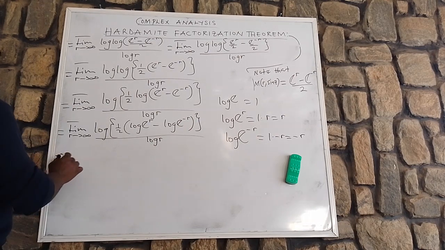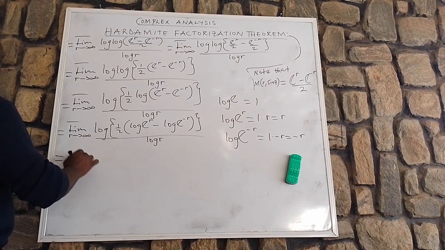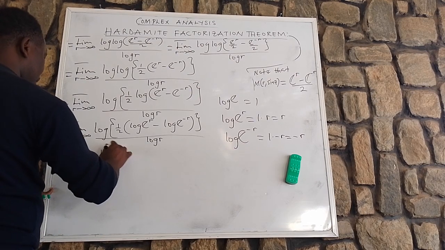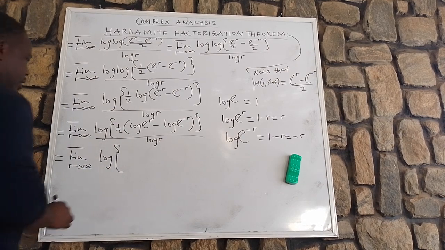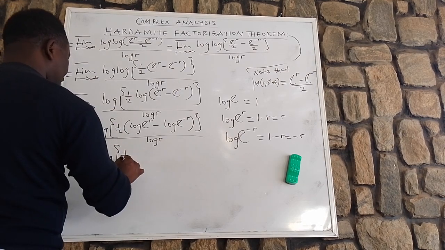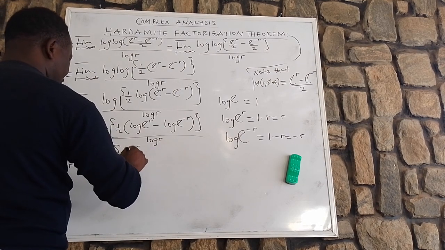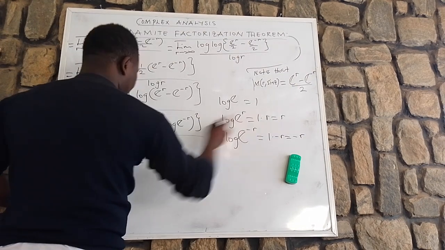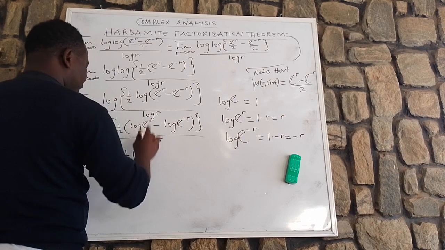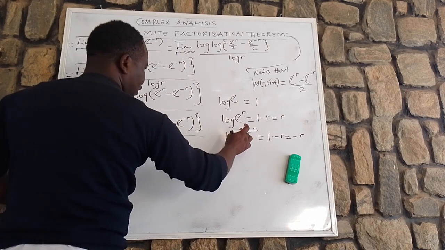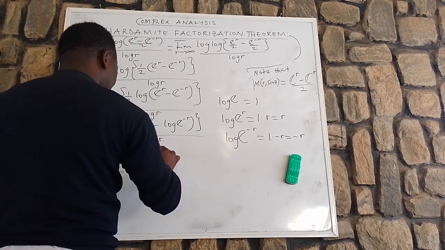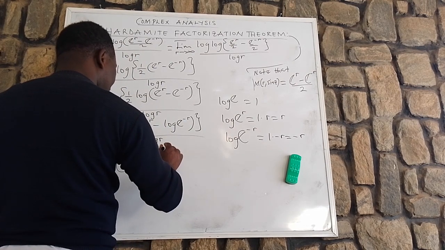So this is equal to the upper limit as R tends to infinity of log, and mind you, there is a half here, don't be in haste. Open bracket: log e^R gives us R. What do you have here? Minus, but log e^(-R) is minus R, so minus minus R. Amen?